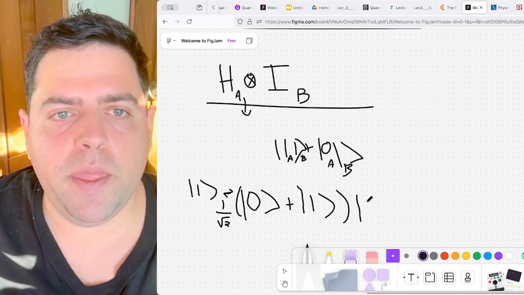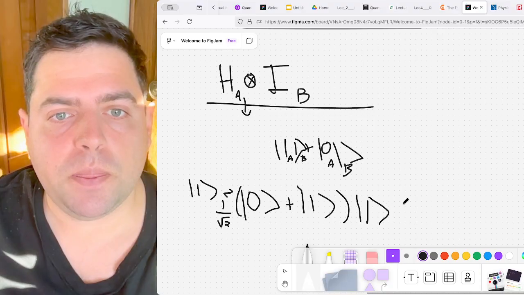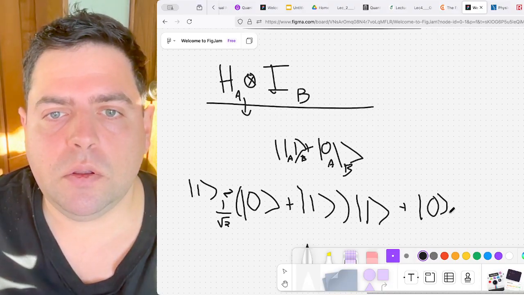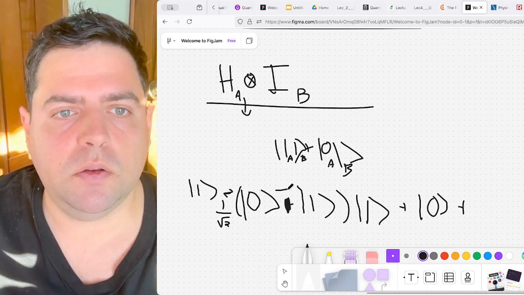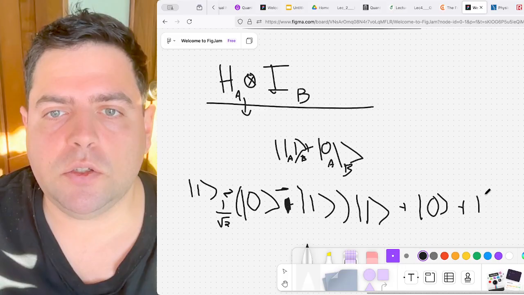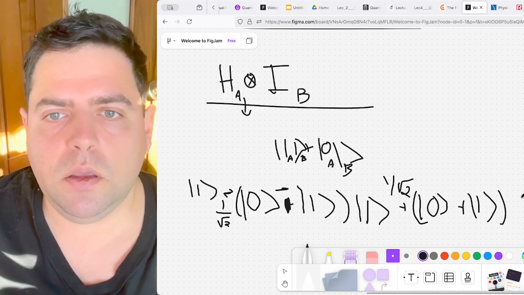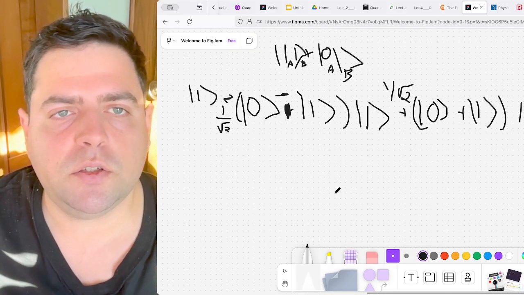And then Bob's qubit, it's the identity gate on it, plus 0 plus, oh, this is a 1 bit, minus plus 1, suitably normalized. And then the 1 bit again, very nice.